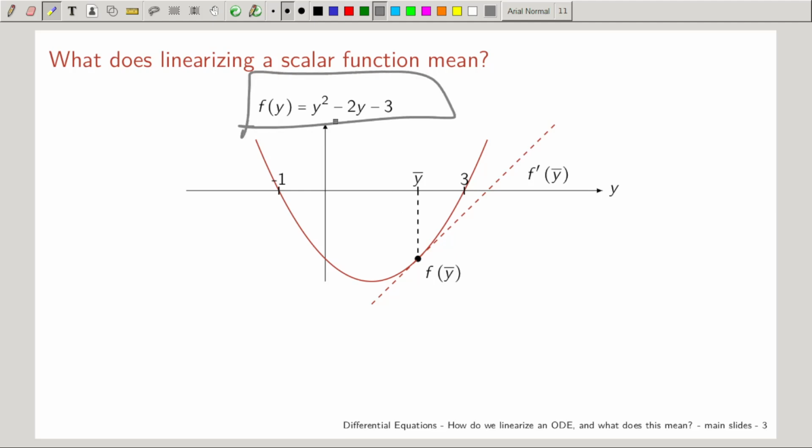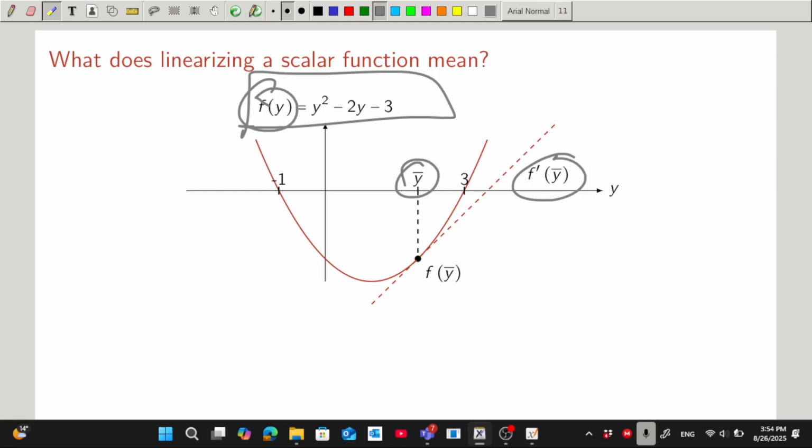I have this function, and then I've got a point. At y bar, I get f of y bar, and I might linearize the function around this point whenever I consider the derivative of that function evaluated there. True? This one we know.